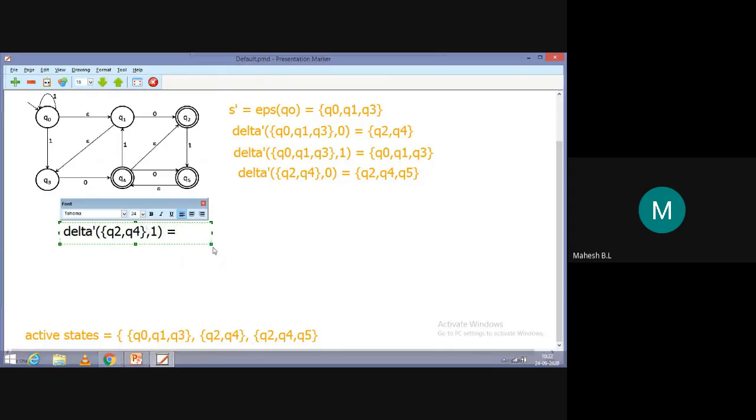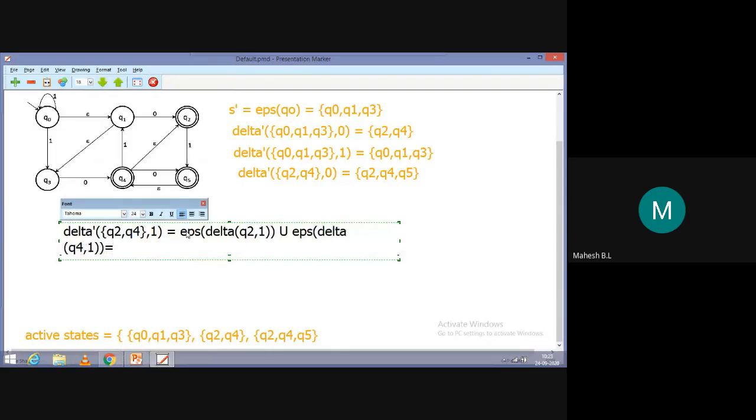Okay. So how to do that? Epsilon of delta of Q2 comma 1 union epsilon of delta of Q4 comma 1. So we need to compute this.